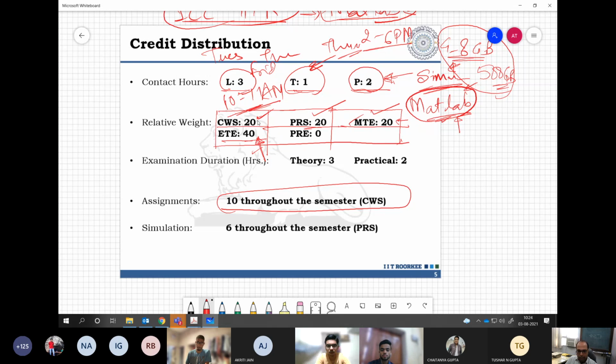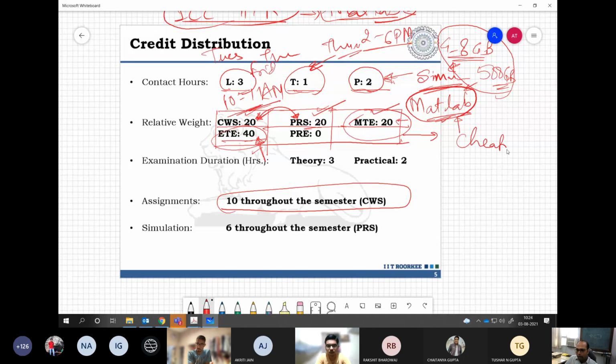So try to do well at least in these two components, because this is something which you are doing without any pressure, without any tension. Compared to MT and ET where you have an examination environment, the chances of doing better in CWS and PRS are better. But again, I am warning all of you against cheating or copying.